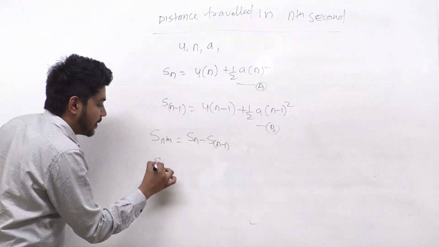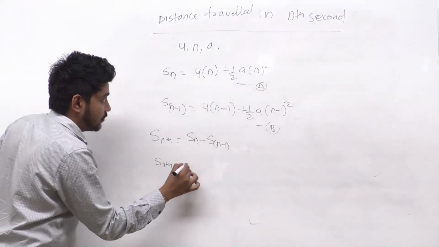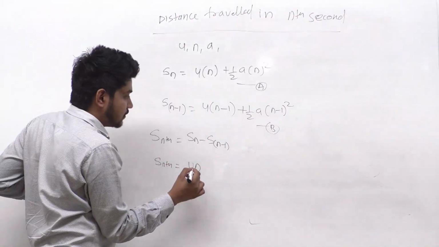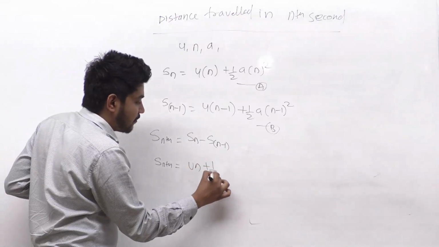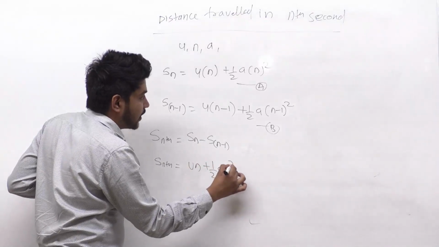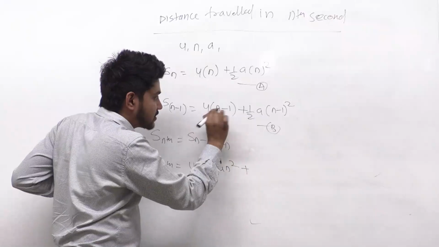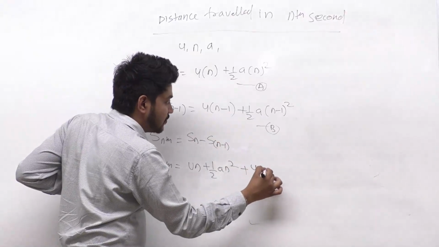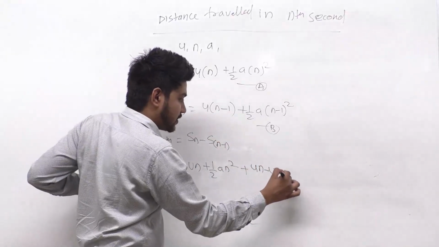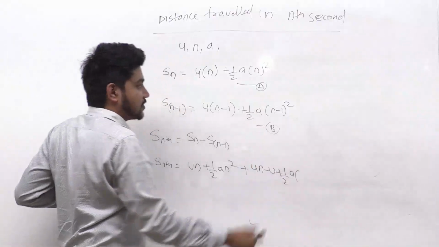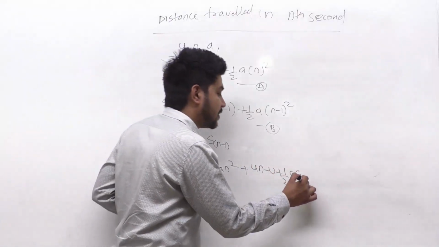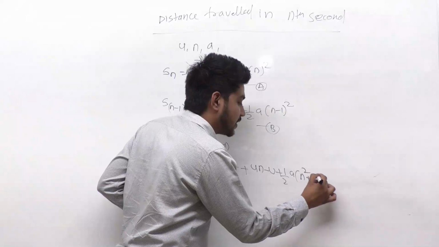So Sn will be un plus half a n square, and for the other term I'll multiply inside using the identity a square plus b square minus 2ab, so n square plus 1 minus 2n.